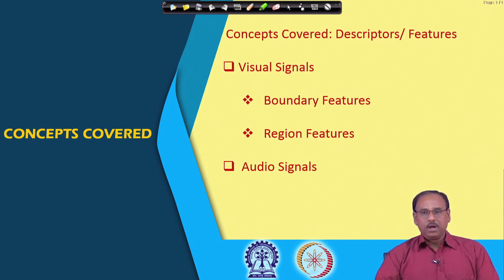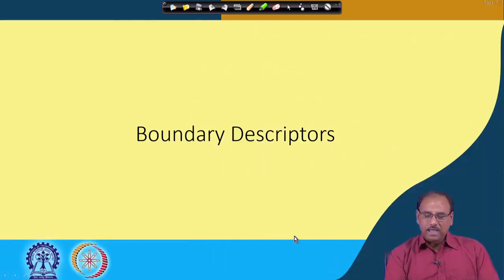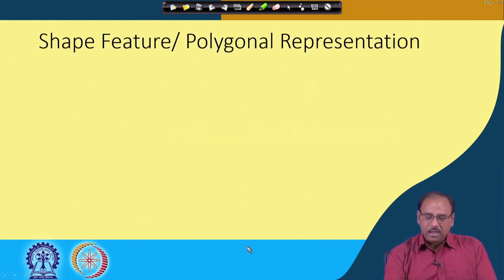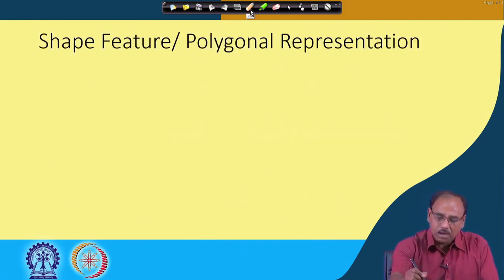They can also be obtained from the region, which tells you the region property, that includes the intensity, the color and the texture properties. So, firstly let us see how we can obtain the different types of boundary features, or how we can extract the boundary properties. For that I will take a very simple shape.